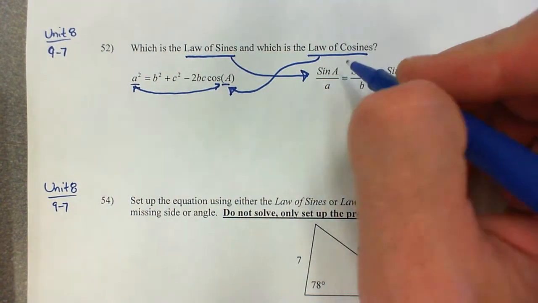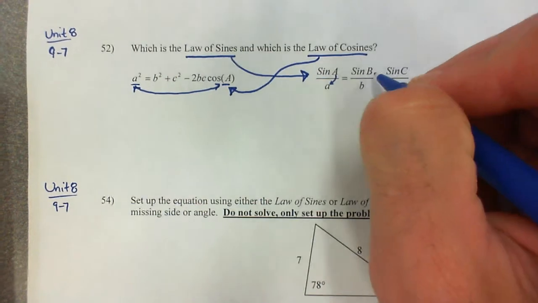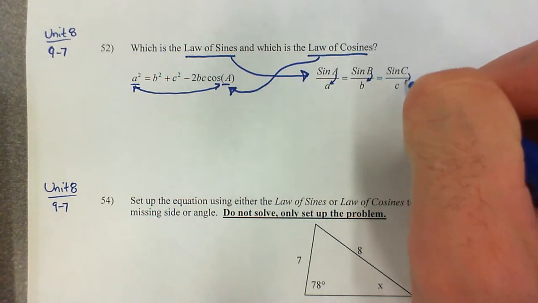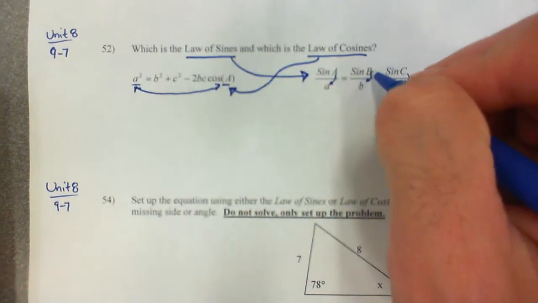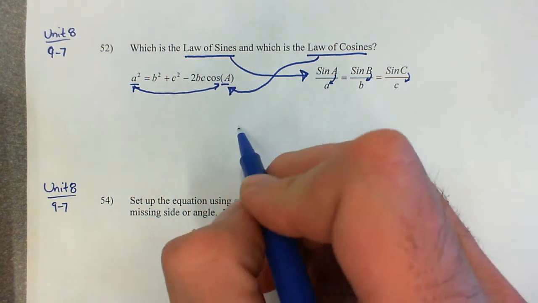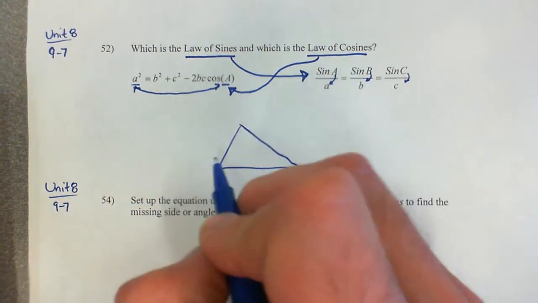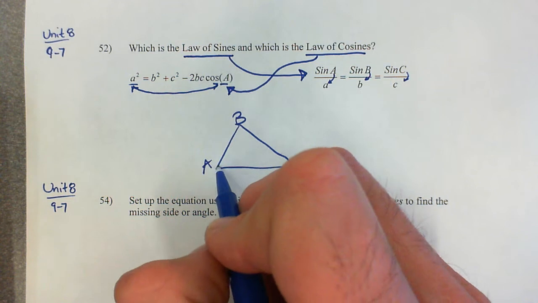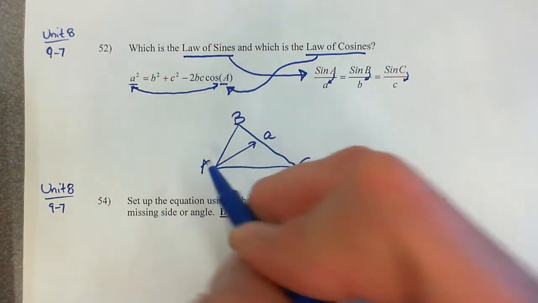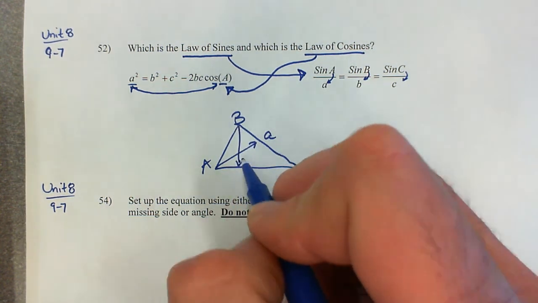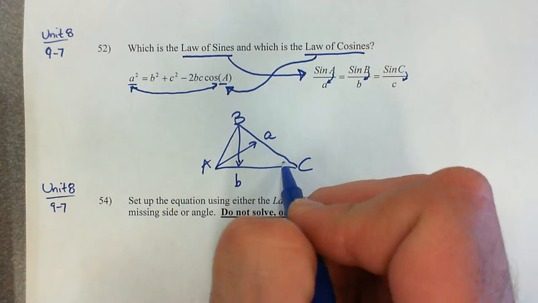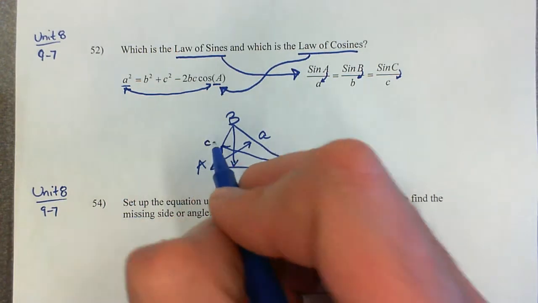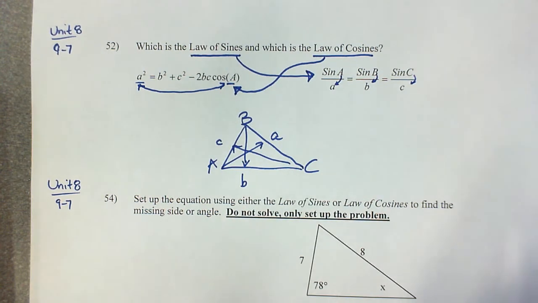Likewise, these have to be opposites as well. Whatever the angle is, the side opposite has to go across. So if you had a triangle here, A, B, C, side little a would be across from angle A, little b would be across from angle B, and little c would be across from angle C.